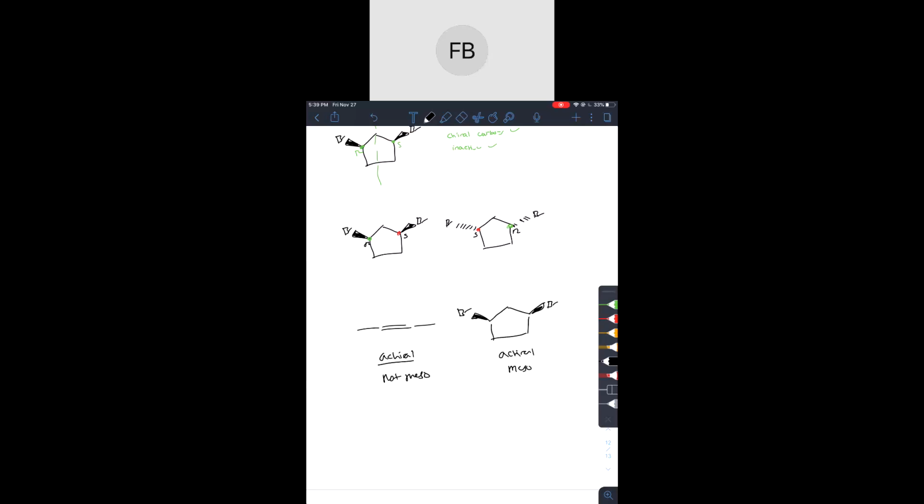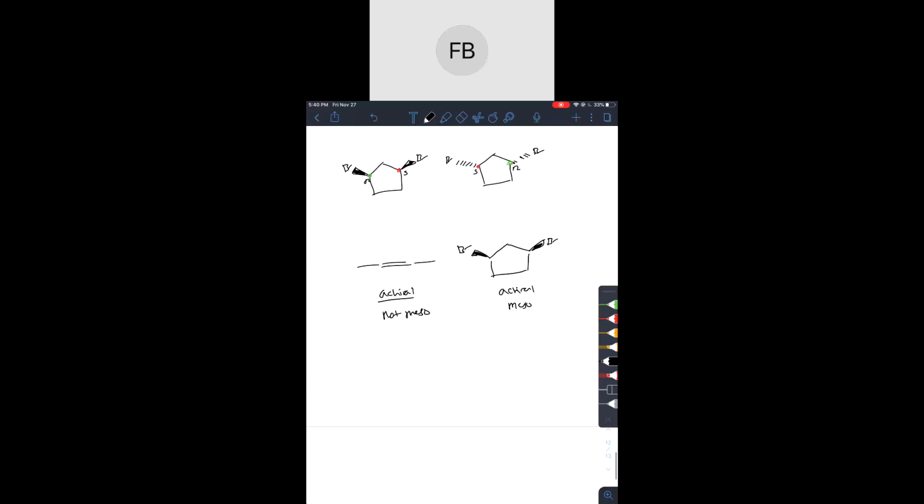They have to have chiral carbons in them, but they also can't have a plane of symmetry. So an example of something that's chiral would be this. This is chiral. So here we've outlined all the 3 different possibilities: chiral compounds, achiral and meso, and achiral but not meso.